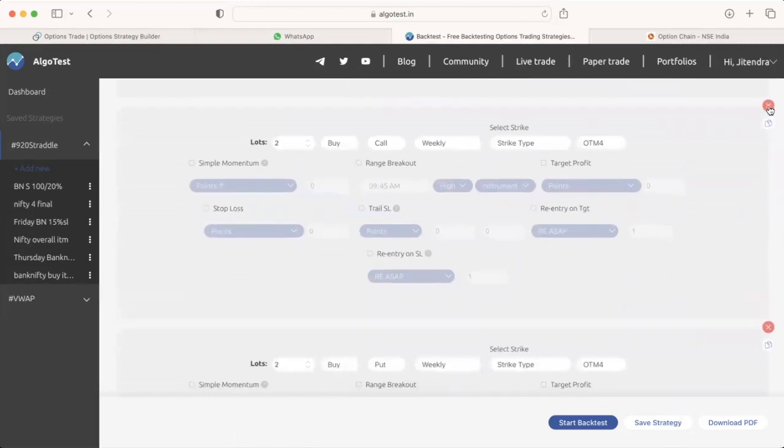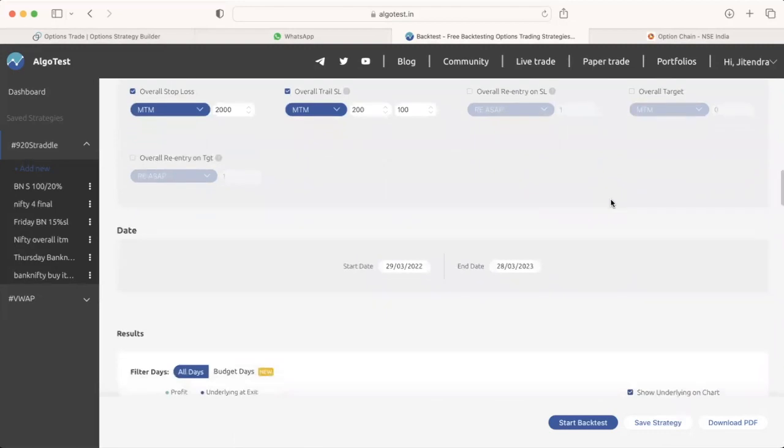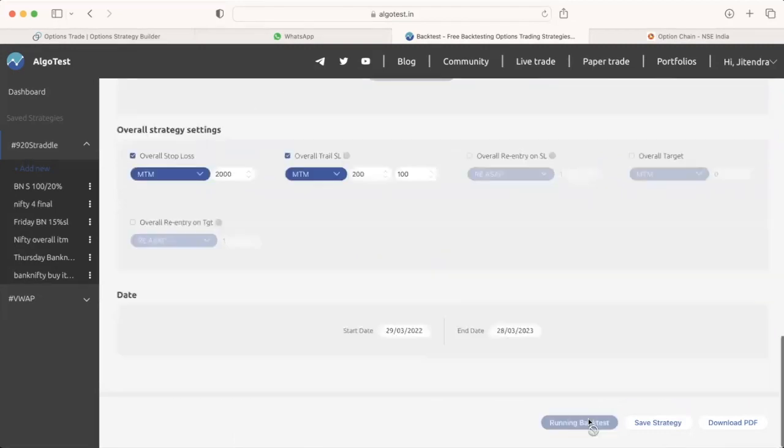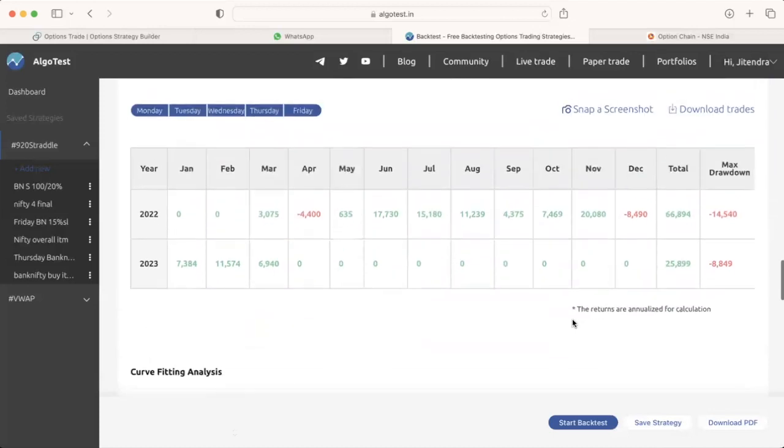I'll just clear the buy and check this again. Yeah, so buy is where the problem is, I suppose.